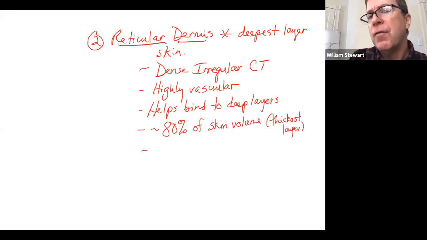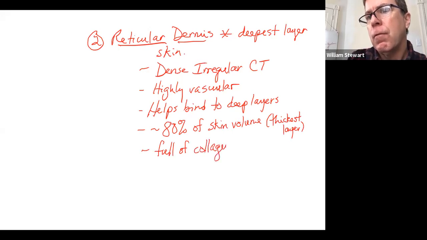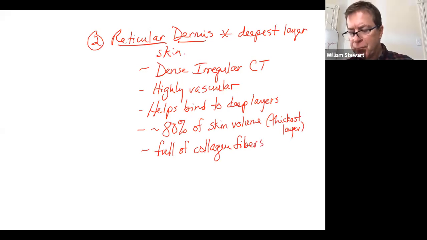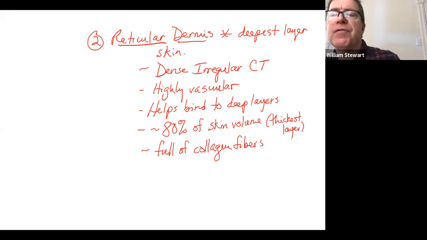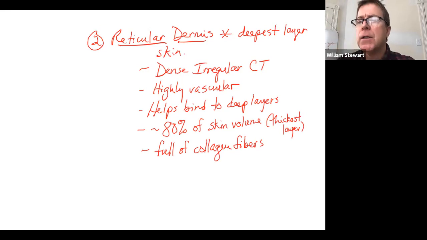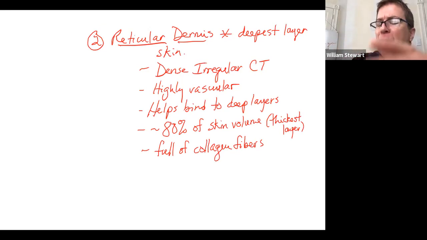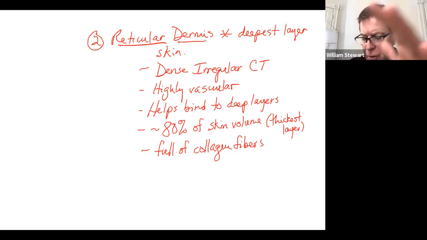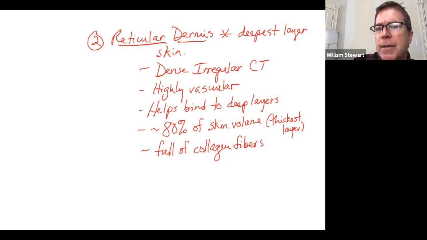And it's full of very tough collagen protein fibers. Those collagen fibers tend to run parallel to the surface of the body. There are separations in these bundles of fibers that are actually called cleavage or tension lines.